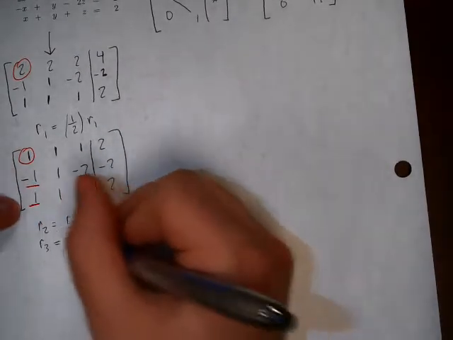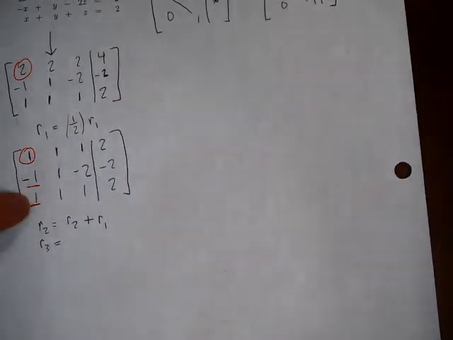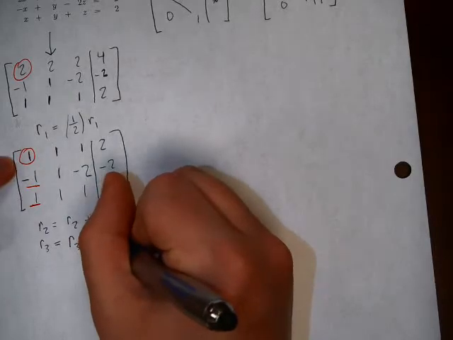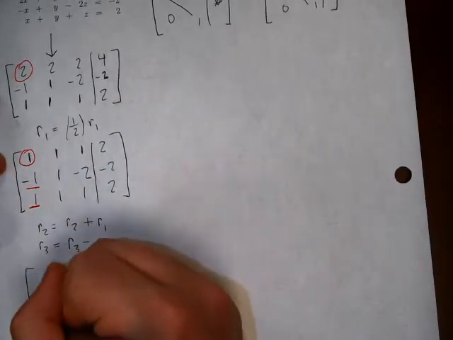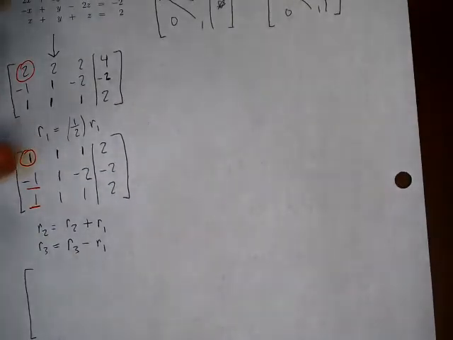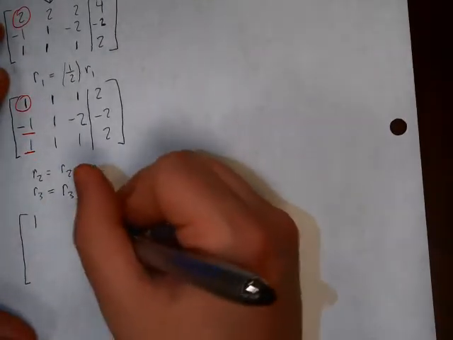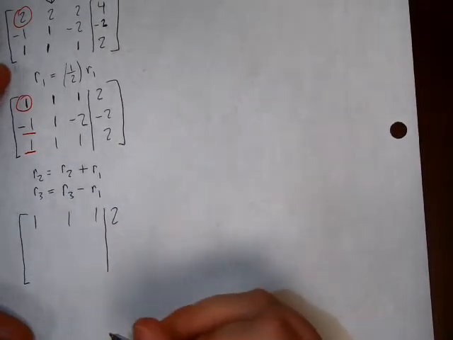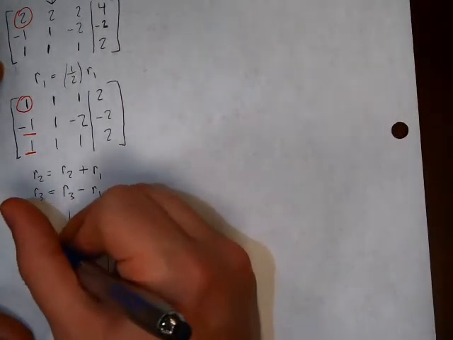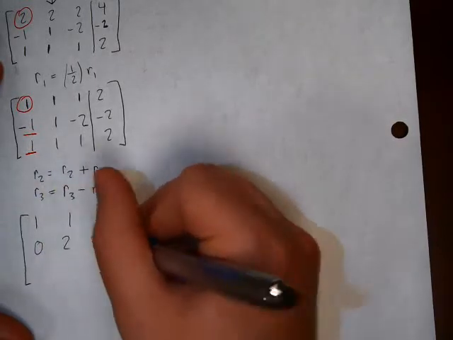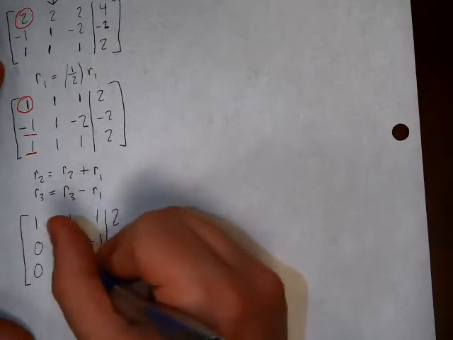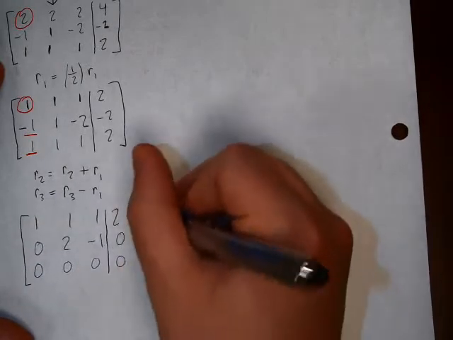And if we want to take row 3 and get rid of the 1 there, we'll take row 3 minus row 1. So if we do that operation, we should get 1, 1, 1, 2. Row 1 doesn't change. We'll end up with 0, 2, negative 1, 0, and 0, 0, 0, 0.